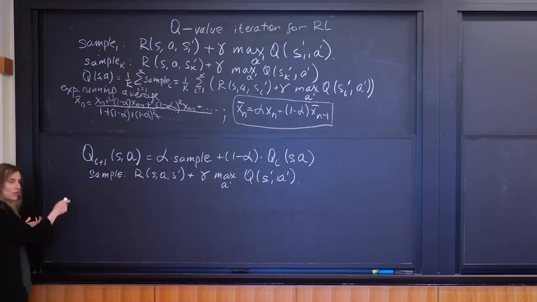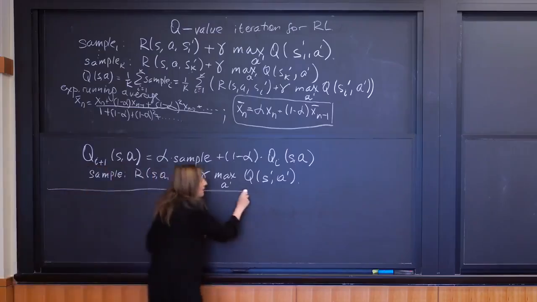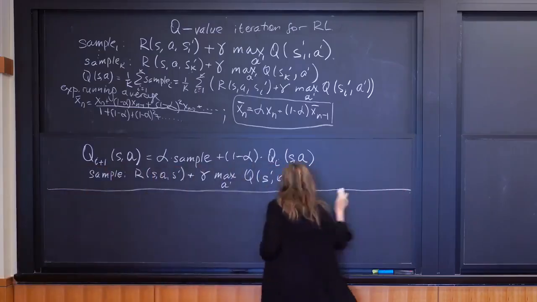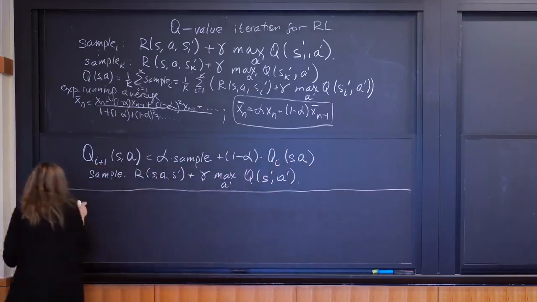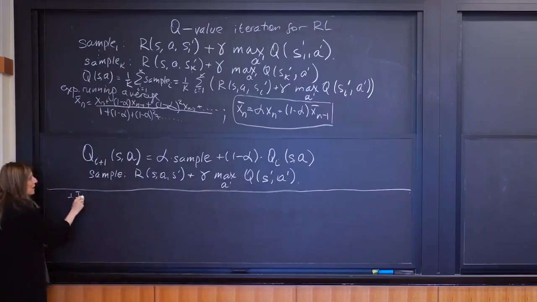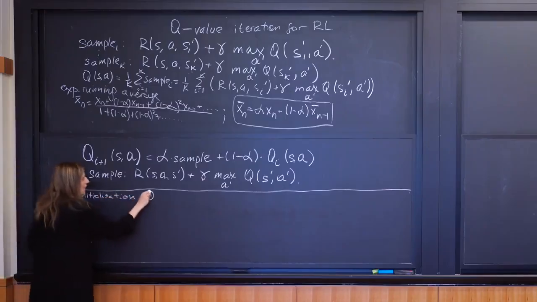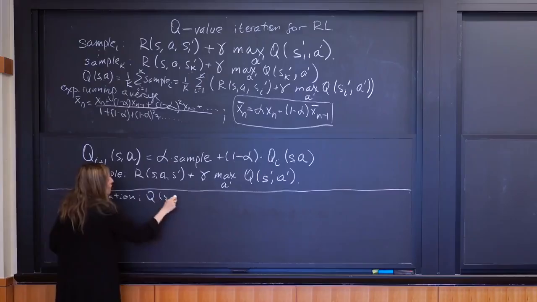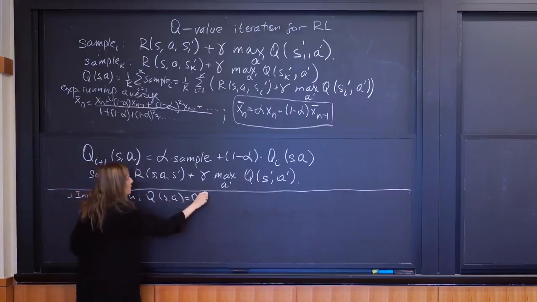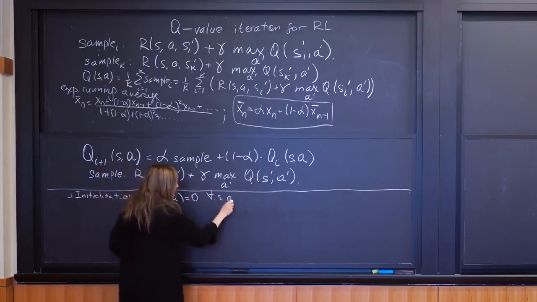As before, we will start and initialize everything to 0, and then we are going to iterate. This is our algorithm. So the first step, as usual, is initialization. We will initialize all Q(s, a) to be 0 for all s and a.